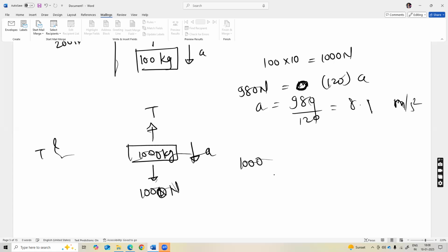So 1000 minus T is equal to MA. So M here is 100, into acceleration, let's say 8.1. So tension will be equal to 1000 minus some 81. So it will be around 920.